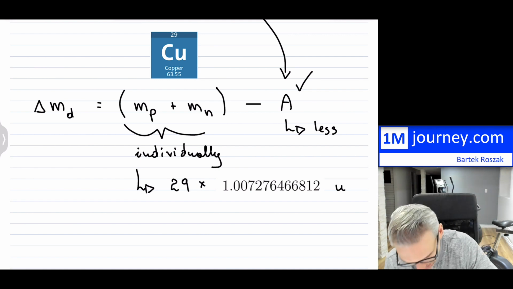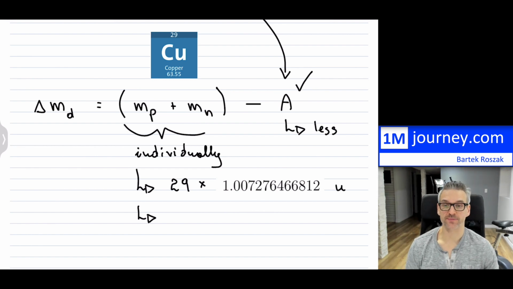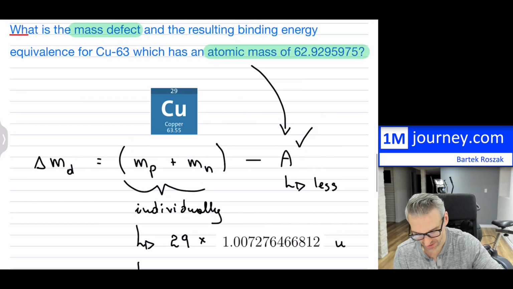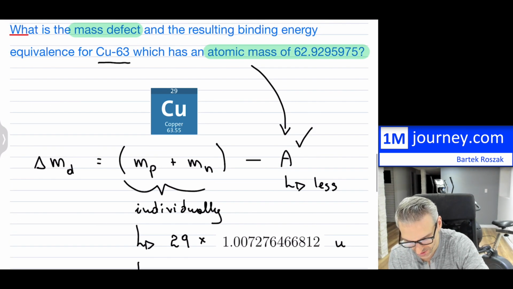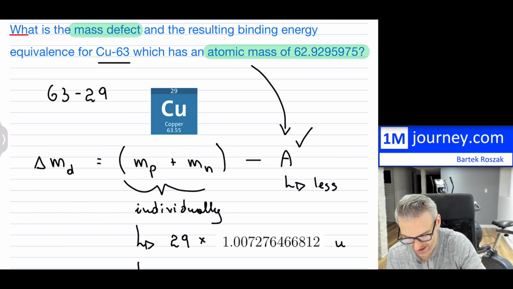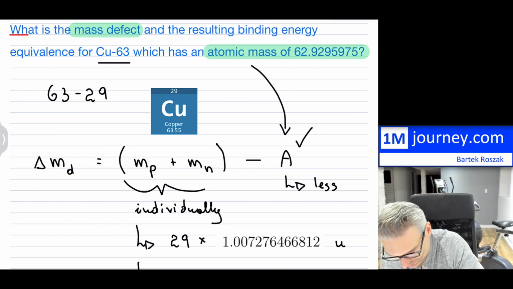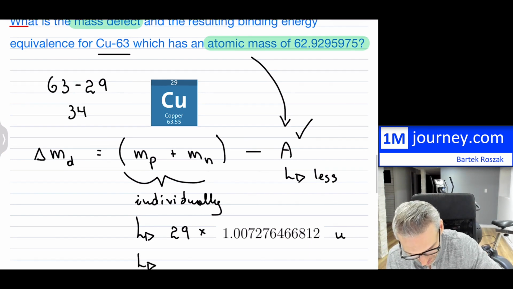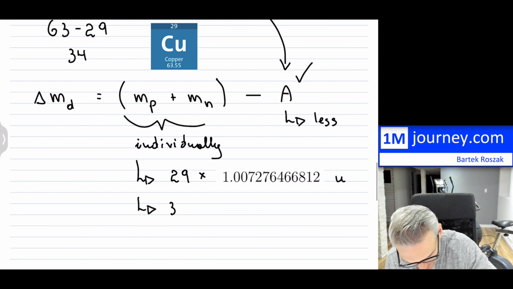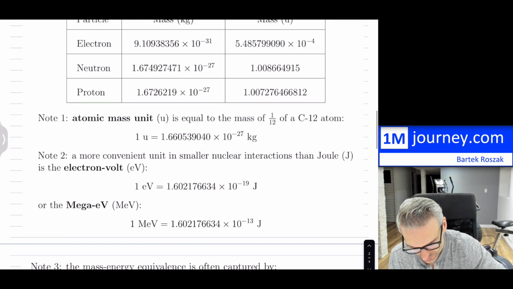Now I also need all of the neutrons in here. They tell us it's copper-63, so 63 minus the number of protons: 63 minus 29 is 34. That's the number of neutrons. So 34 times the individual mass of the neutron.